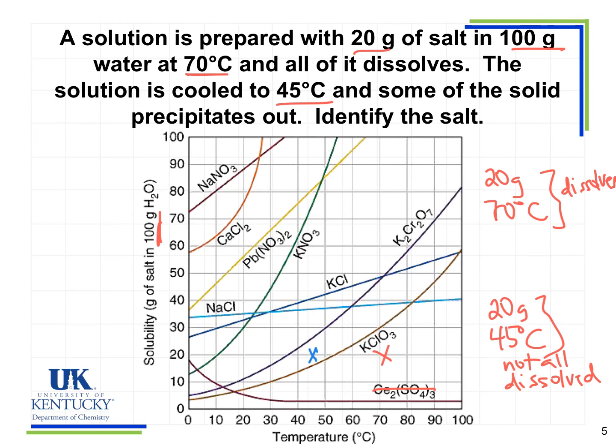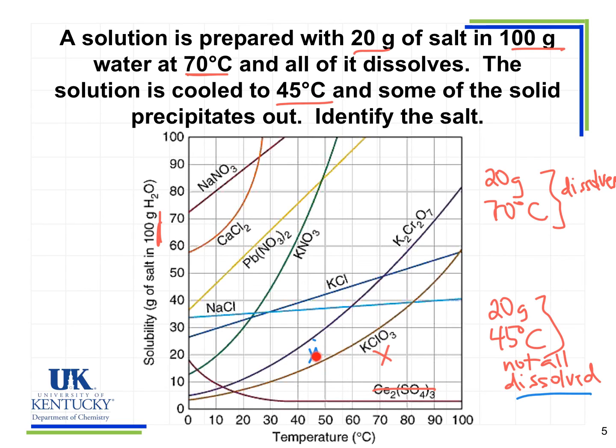Now I have to look at the change, and I go from 20 grams of my compound to 45 degrees Celsius, so we've represented that with the blue X. And now I want to look at it and I see that not all of it dissolves. So this is the key step here, because if I look at any compound that has a solubility above the 20 grams, so let's look at potassium dichromate here, what I see is that its maximum solubility is about 25 grams at 45 degrees Celsius.